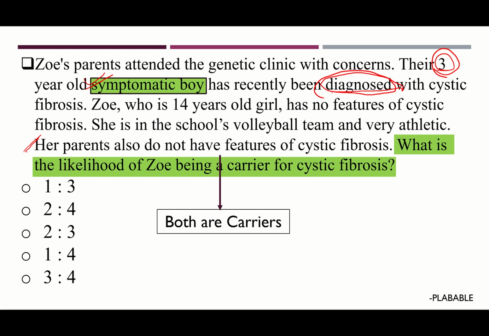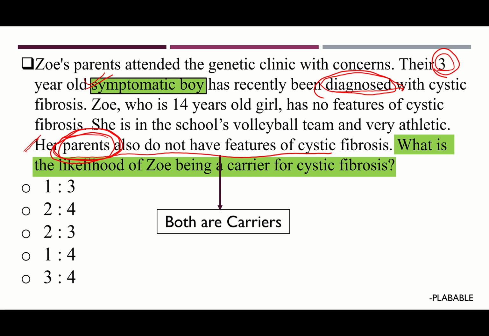Okay, so now you're sure that these parents have to be what? They have to be carriers. Why not a single parent being carrier? This question might arise, like maybe one was the carrier, but since they said parents, they wouldn't mention parents if only one parent is the carrier and the other is healthy.